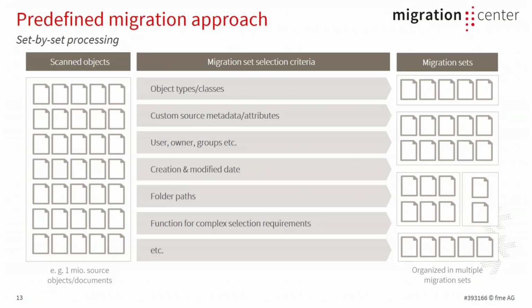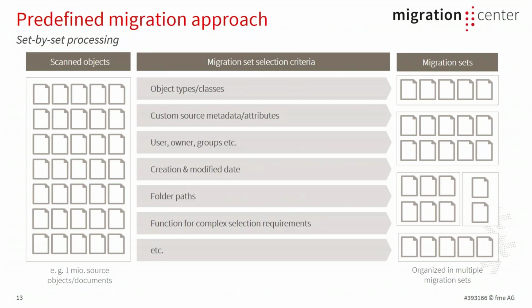So when you do that with Migration Center to replace just the Centera as a content store, you can still use all the beauty of Migration Center. What we call set-by-set processing: scan 1 million source documents into the Migration Center and then split them up into so-called migration sets, or mix sets, which can be done by any criteria and any attribute existing in this scan run, for example by object types, by users, by creation date, by modified date, and even by a combination of those, right?